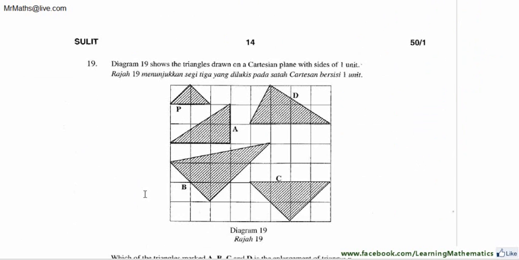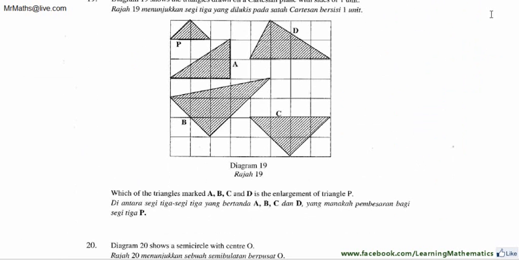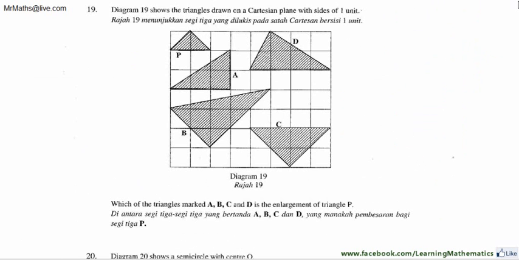Number 19. Diagram 19 shows a triangle drawn on a Cartesian plane with sides of 1 unit. Which of the triangles A, B, C, and D is an enlargement of triangle P?